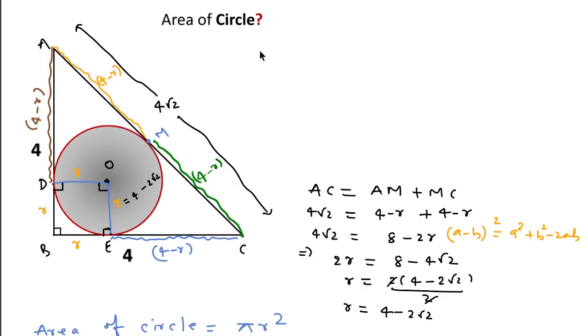There is one formula for finding the inradius of any triangle, that is inradius equal to area of triangle by semiperimeter. Here R is the inradius because the circle is inside the triangle, that's why inradius, and S is the semiperimeter.